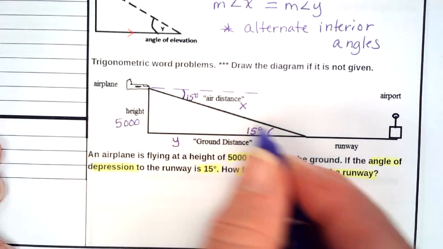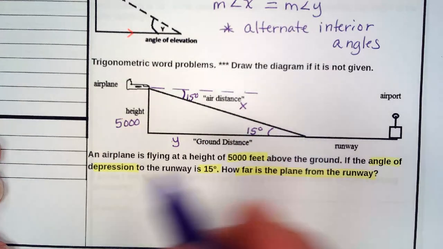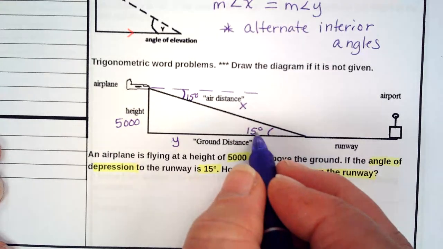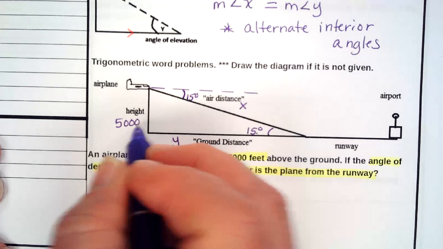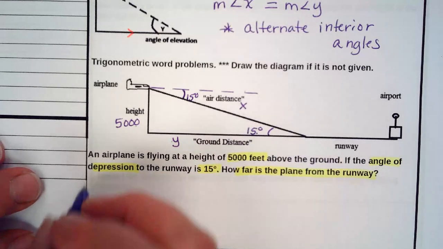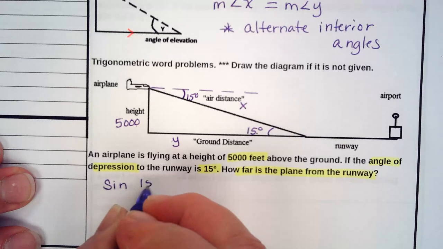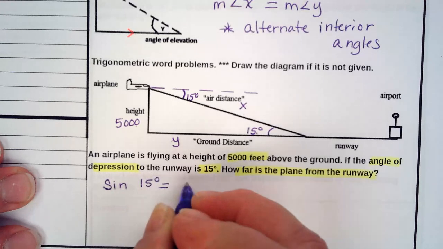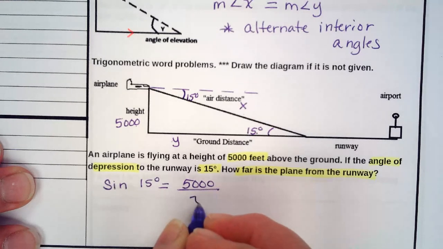So if we're actually looking at the distance itself, it would be that hypotenuse. This is my angle, this is my opposite, and I'm looking at my hypotenuse. Opposite and hypotenuse is sine. So the sine of 15 degrees is equal to 5,000 divided by x.